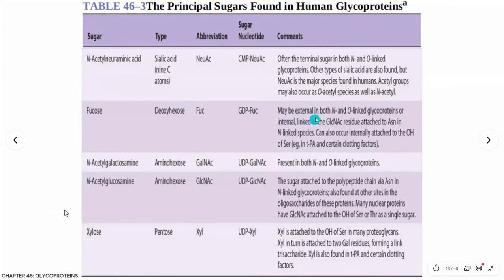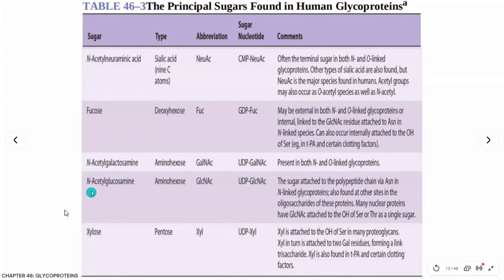May be external in both nitrogen and oxygen-linked glycoproteins. We'll show you later on this nitrogen and oxygen link. Then you have N-acetylgalactosamine, the amine of galactose. Its type is amino hexose. Abbreviation GalNAc. Carrier nucleotide UDP. Present in both nitrogen and oxygen-linked glycoproteins.